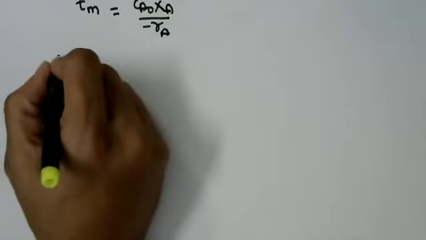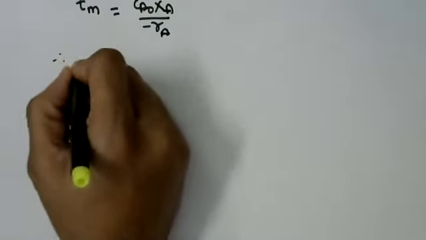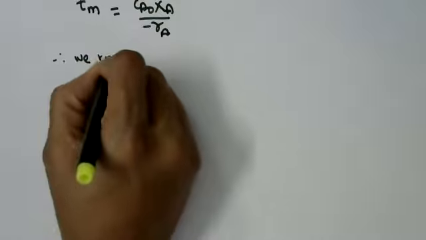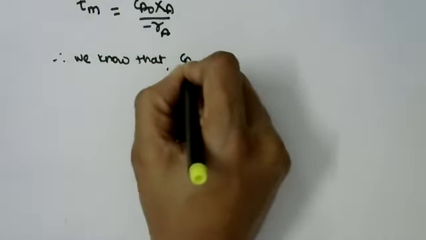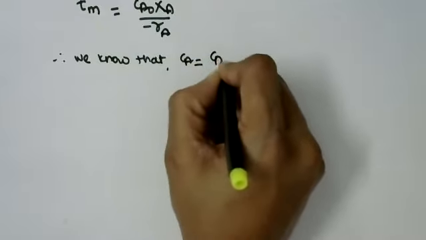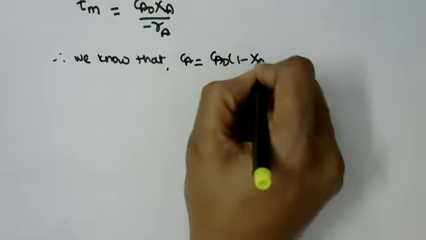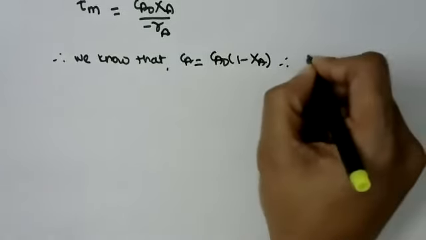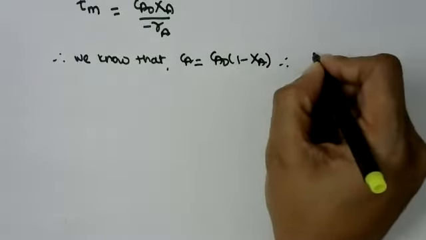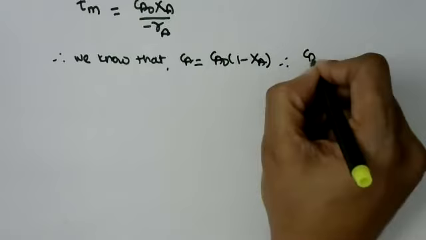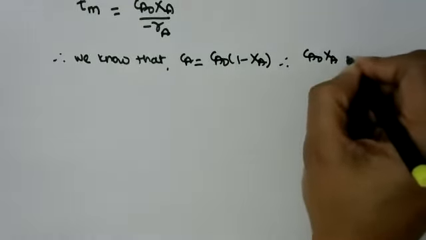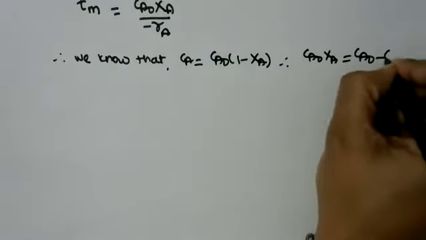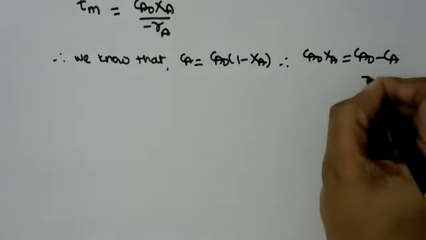So we know that Ca is equal to Ca0 into 1 minus Xa, and therefore Ca0 Xa is equal to Ca0 minus Ca.